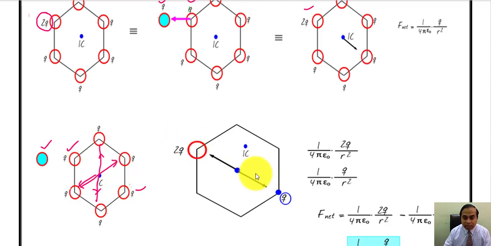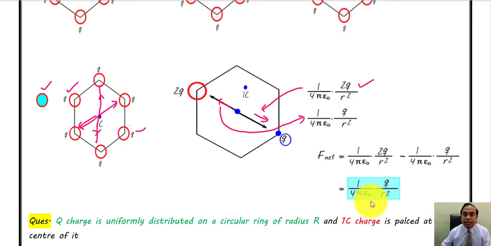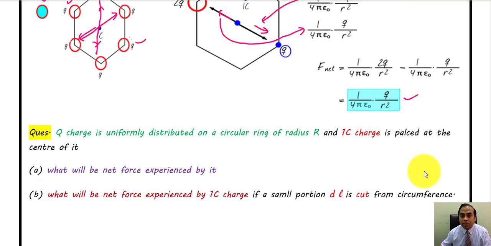This 2q charge is trying to repel it away, so 2q charge is repelling it with this force. Now this q is also trying to repel it away, with this force value. Now what is the net force? We take the difference of these two forces, and the difference of these two forces is equal to this. Simple.